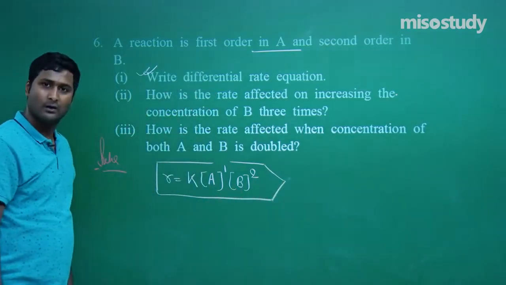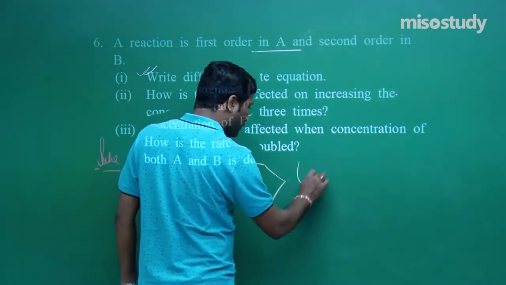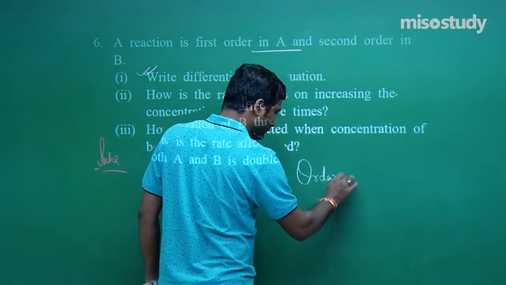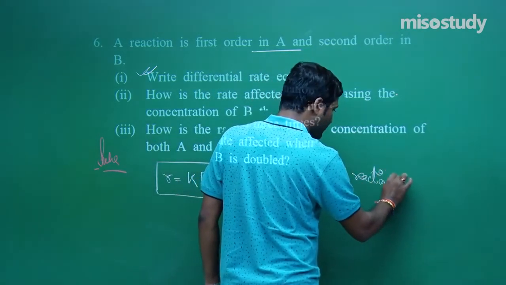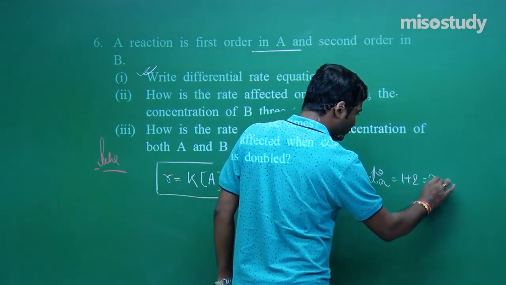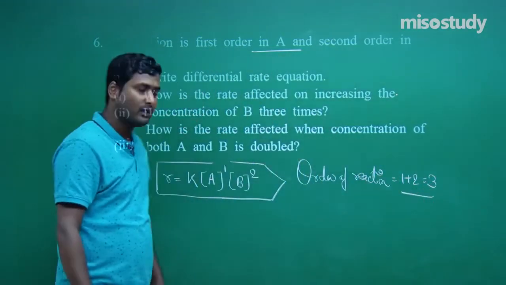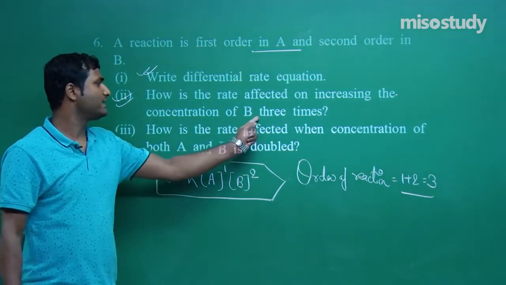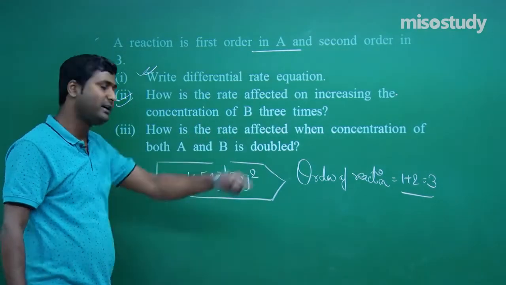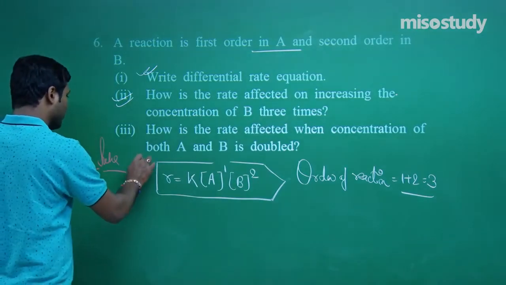Clear? So for this question, the overall order of reaction is equal to 1 plus 2 is equal to 3, my friend. Now the question arises, how is the rate affected on increasing the concentration of B 3 times? This is the first part.